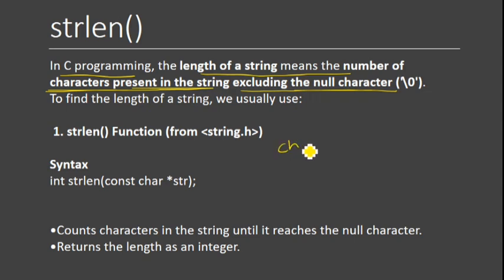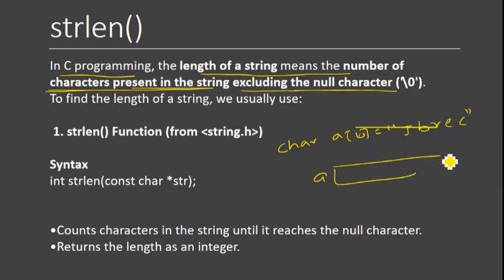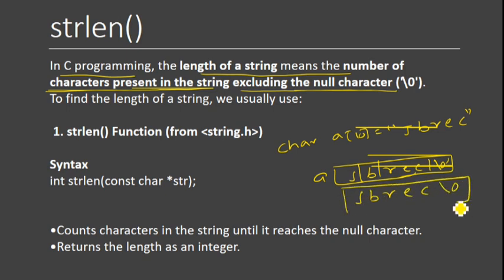For example, I am writing here char a[10] equal to "JBREC". Now a is a variable, so it will store like this: JBREC backslash 0. So in this way it stores in memory.